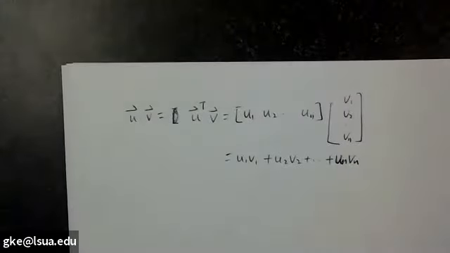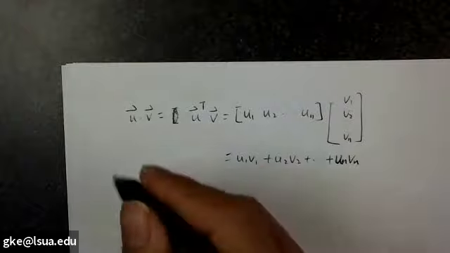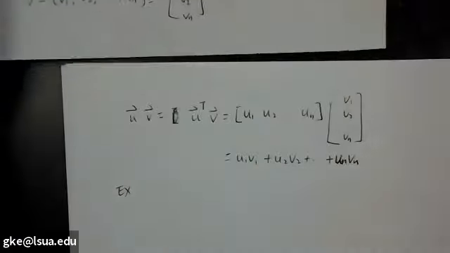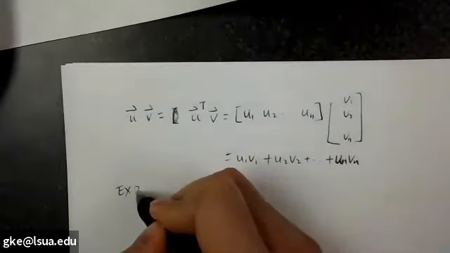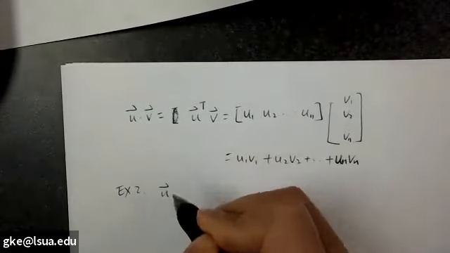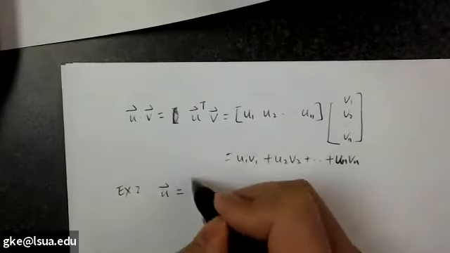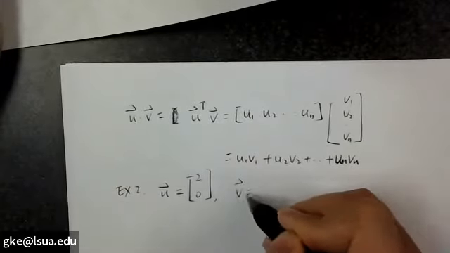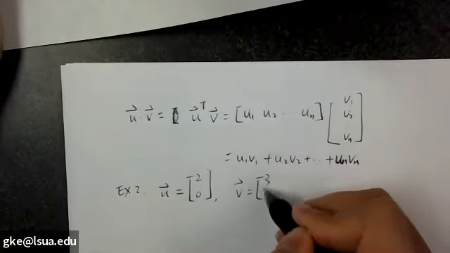Of course, now I'm going to give you guys an example. Let you try it. For example, I give you a vector u equals (2, 0), and v is (3, 1).